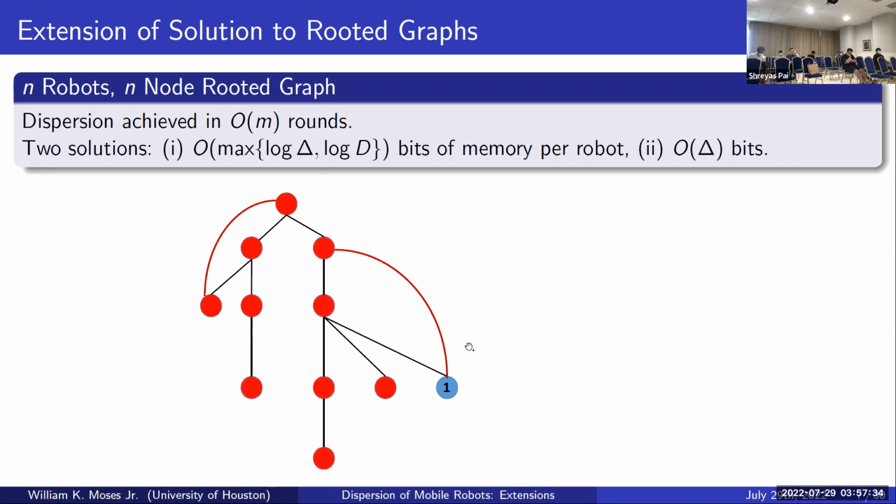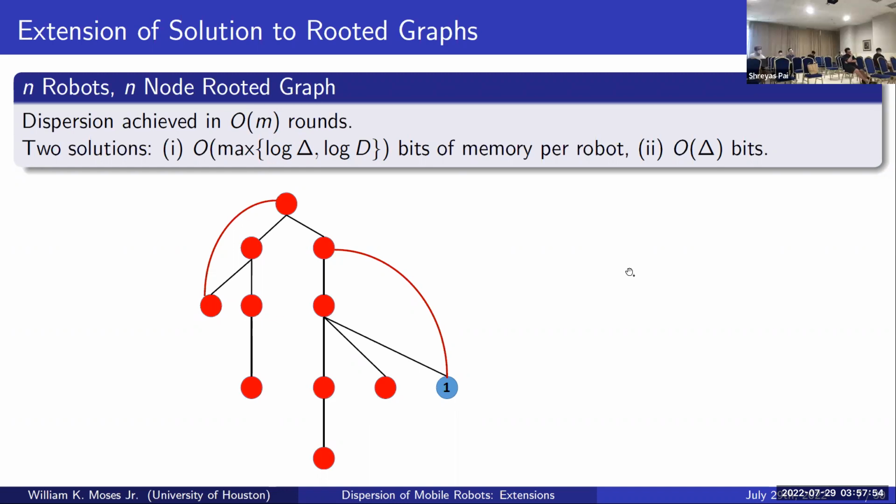And you'll end up with the one robot who comes back here, and then you just repeat the previous process. This is one such way. This only requires the maximum of log delta, comma log d bits of memory per robot. Log d here, d is the diameter.